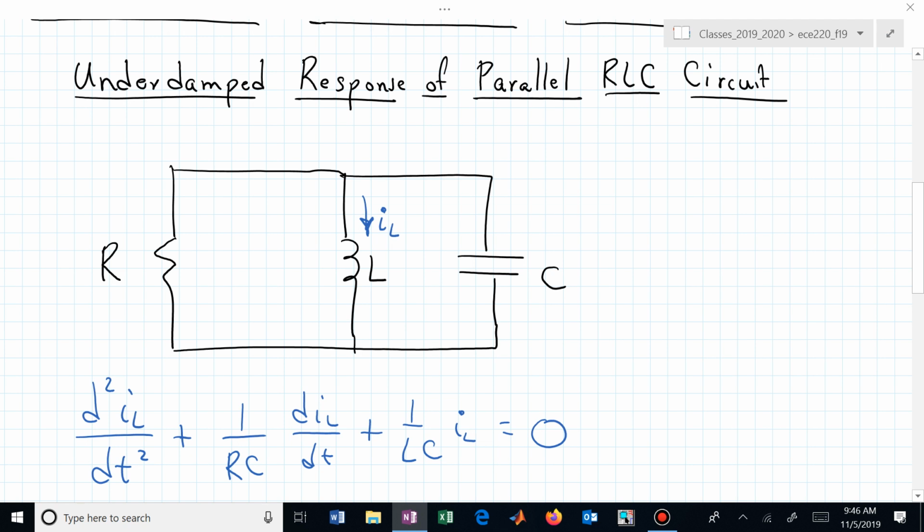And if we derived our differential equation for the inductor current, we would find that it's second order. Why is it second order? Because it has two derivatives. What's giving rise to those two derivatives? Two energy storage elements in that circuit. Those two energy storage elements are giving us this second order behavior.